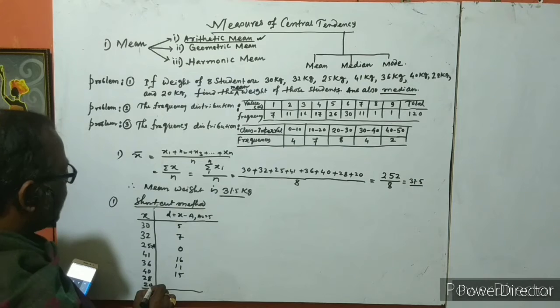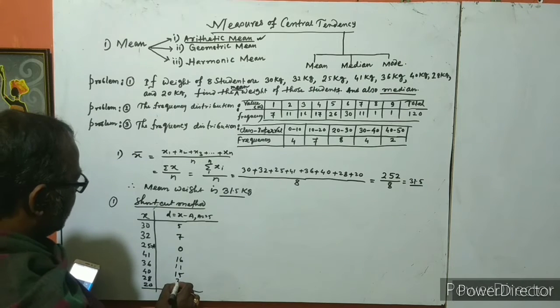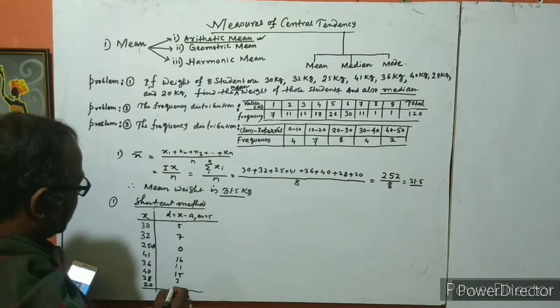And 28 minus 25 is 3. And 20 minus 25 is minus 5.